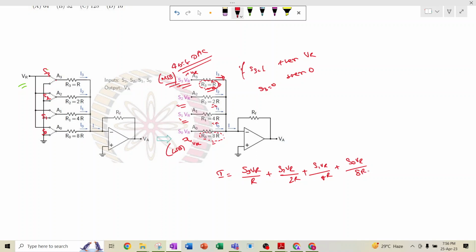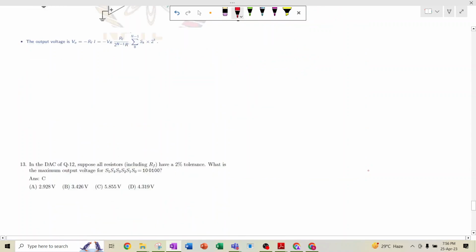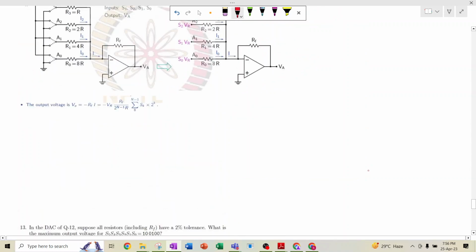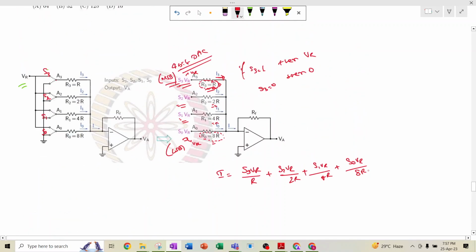Now VA will be 0 volt, and this current flows through RF.